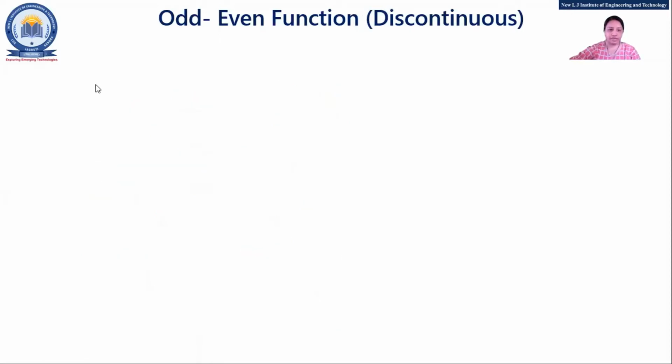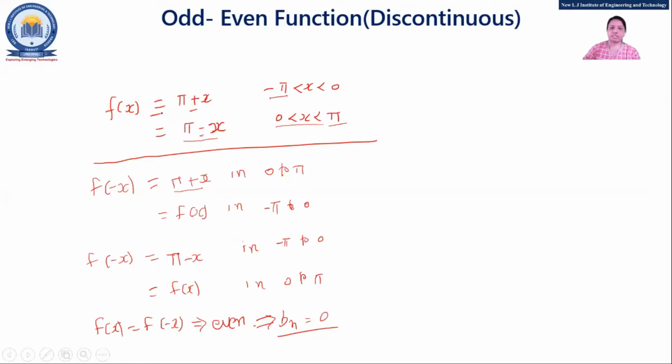So, bn equals 0. Now you need to find only a0 and an. First we'll find a0. a0 equals 2 upon pi, integral from 0 to pi of f(x) dx, and in 0 to pi, f(x) is pi minus x.